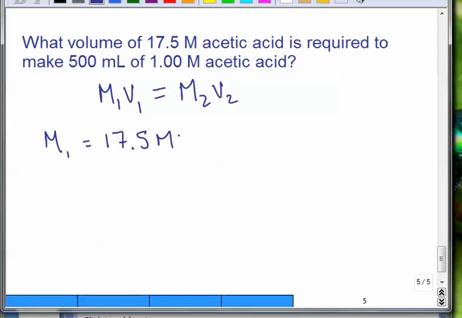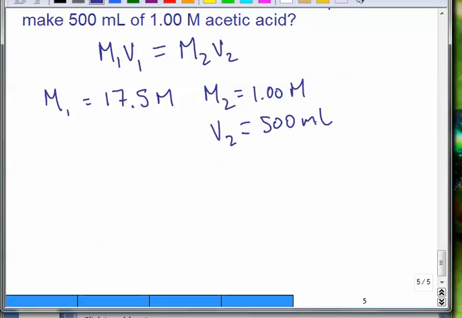So we know that here M1 is 17.5 molar. M2 is what I want, 1.00 molar. And V2, the volume I need to make, is 500 milliliters. Now again, the volume units don't really matter, so I don't need to do any conversions here as long as I don't mind my answer being in milliliters. So I'm going to rearrange my dilution equation to solve for V1.